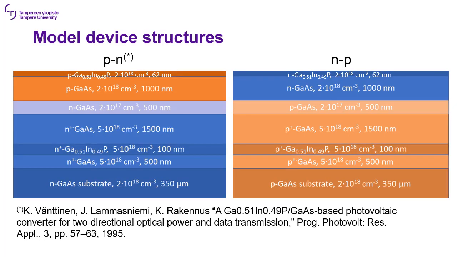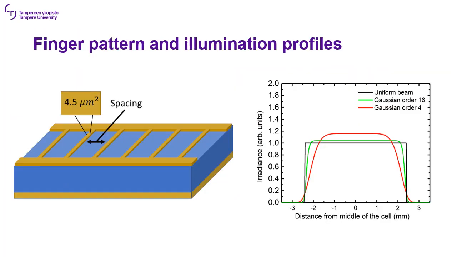We have done this simulation for two different PN and NP polarized structures. We did this optimization case study for a traditional finger grid architecture. We wanted to optimize the spacing of fingers with a cross-section area of 4.5 square micrometers.